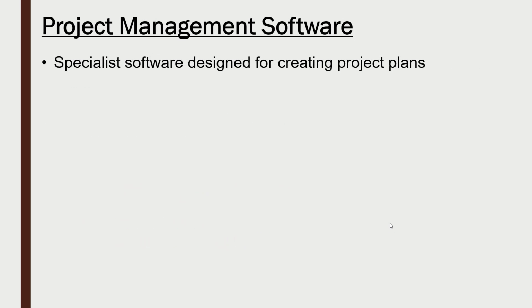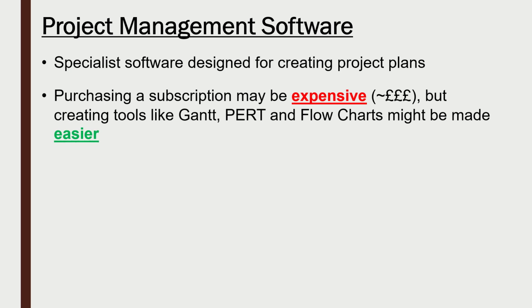So the first one is what we call project management software. So our whole topic, for LO1 at least, is project management, and this is software specific to this topic, really, this whole job. So they are designed for creating project plans, and because they are very specialized, and only a few people are going to use them, it can be very expensive to buy.